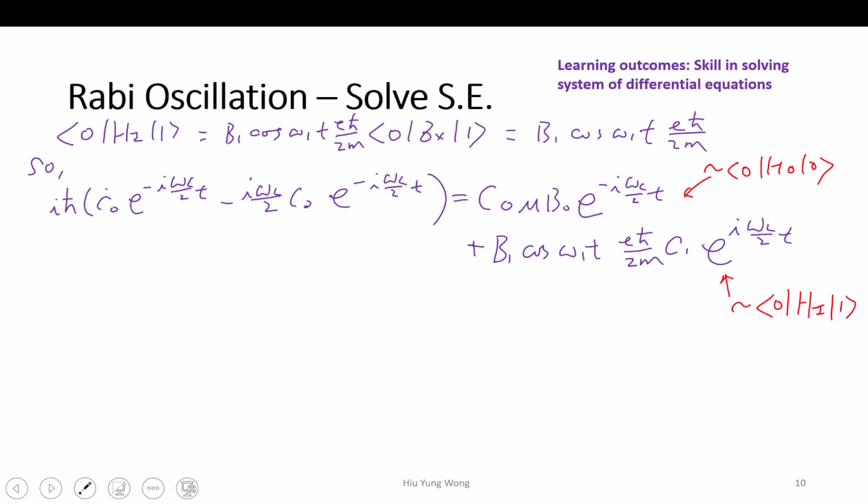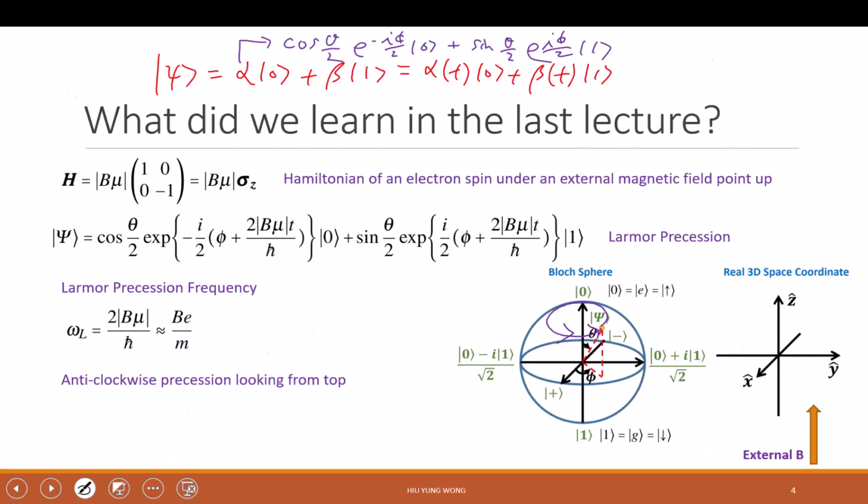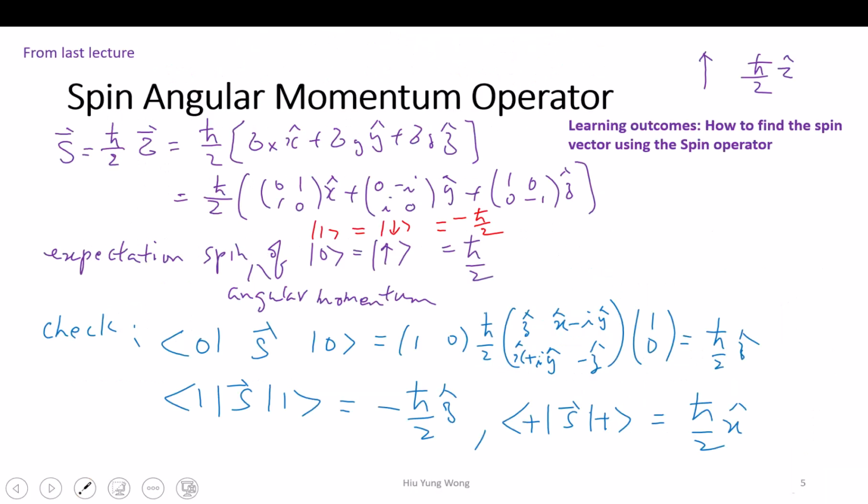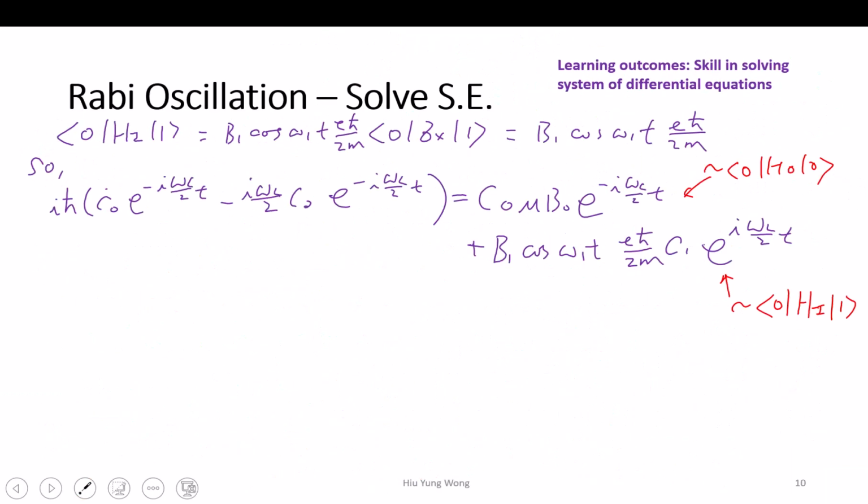Now we can further simplify if you realize the so-called μB. If you remember what the Larmor frequency is, if you go back to here, the Larmor frequency is just equal to 2μB divided by ħ, right?